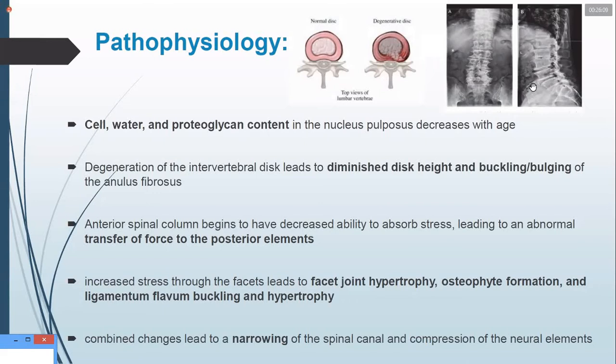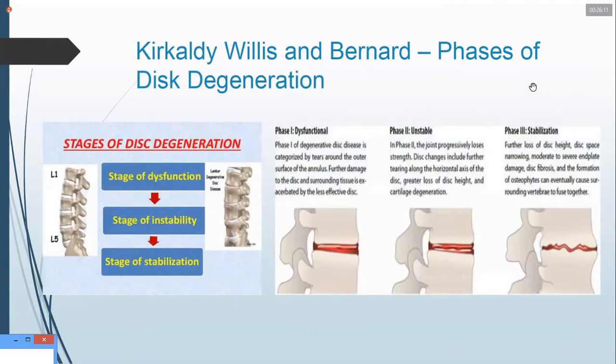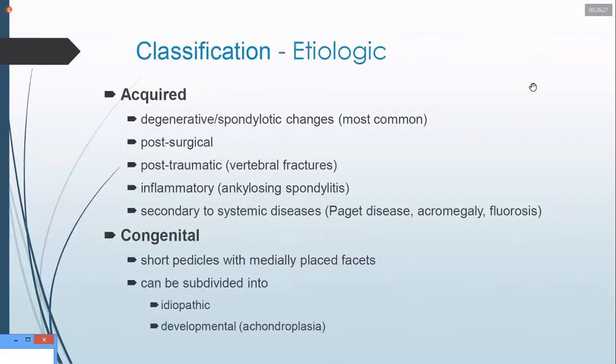Kirkaldy-Willis and Bernard have given three phases of disc degeneration: stage of dysfunction, instability, and stabilization. Lumbar canal stenosis is broadly classified into acquired and congenital. Acquired, the most common is degenerative spondylotic changes.